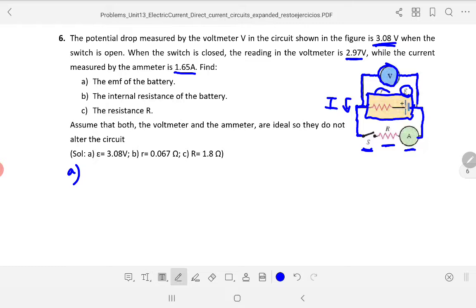You have to remember from the theory that if we draw the potential difference across the battery against the electric current flowing through it, then if the battery was ideal, this would not change. This potential difference would be constant independently of the amount of electric current flowing through the battery.